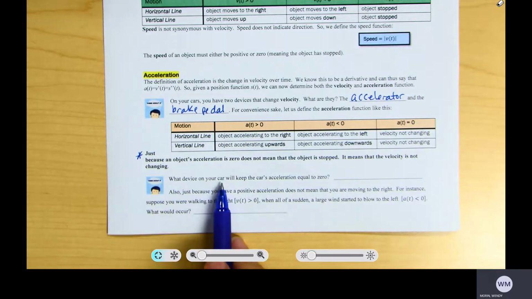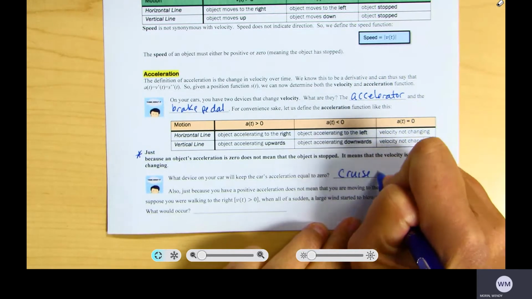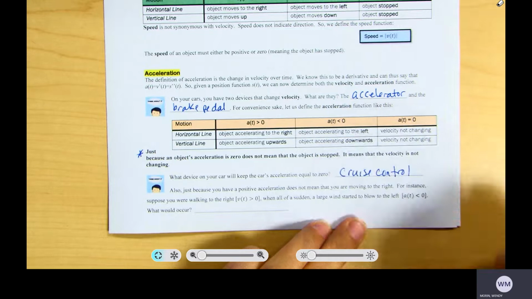So what device on your car will keep the car's acceleration equal to zero? Brake pedal? No. Your cruise control.